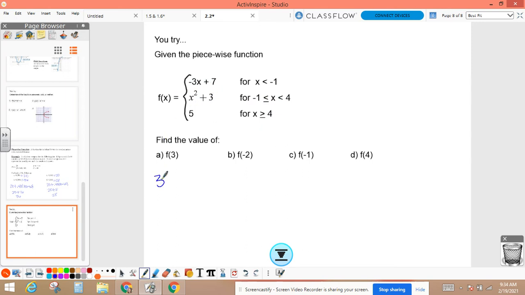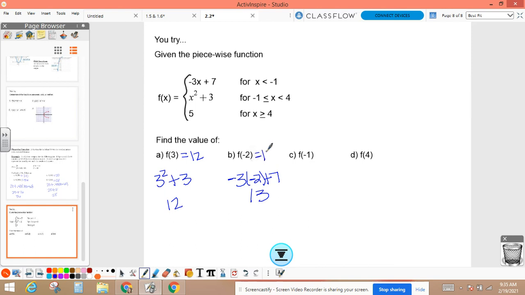So we'll do 3 squared plus 3. So 9 plus 3 is 12. Negative 2 is less than negative 1. So we'll do negative 3 times negative 2 plus 7. So what is that? 6 plus 7 is 13. I was second guessing myself.